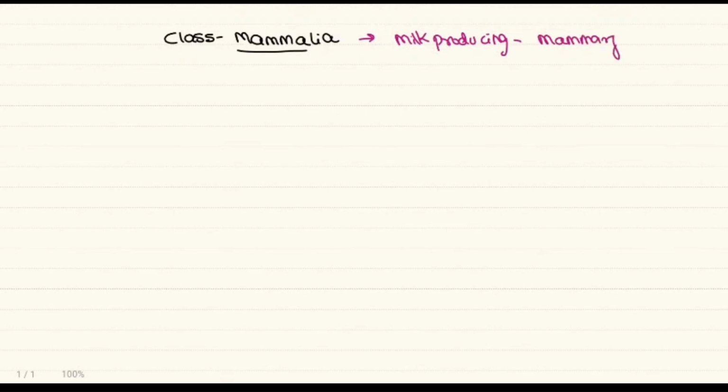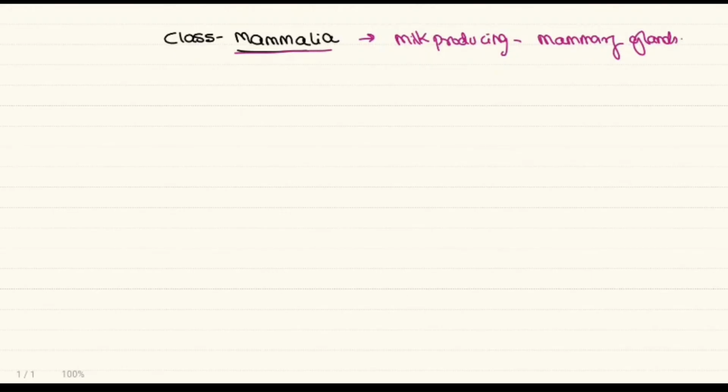Hi students, let's move on to the last class of the phylum Chordata as well as the subphylum Vertebrata, or I can say the last class of kingdom Animalia, and this class is class Mammalia. Now what do you mean by class Mammalia? The word Mammalia comes from the presence of the milk producing glands called the mammary glands.